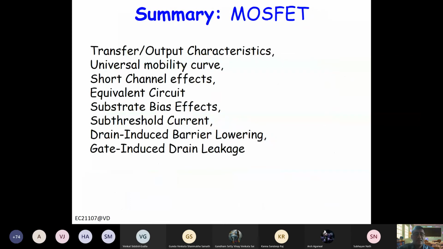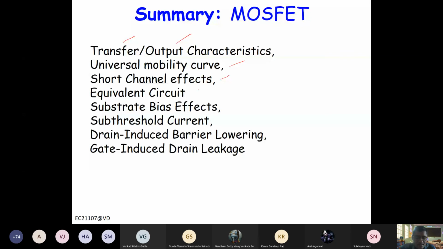So let's summarize. We have discussed the transfer characteristic and output characteristic. Transfer characteristic is ID versus VG. Output characteristic is ID versus VDS. Then we have discussed the universal mobility curve, that is basically the mobility degradation due to the gate voltage. Then we have discussed the short channel effect.